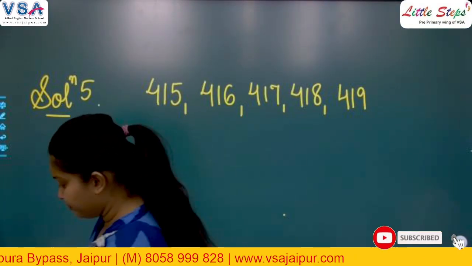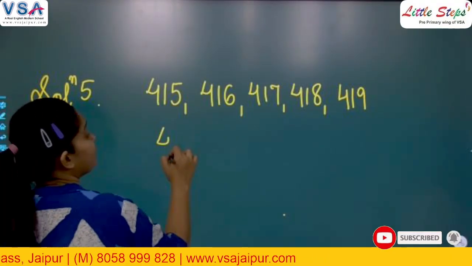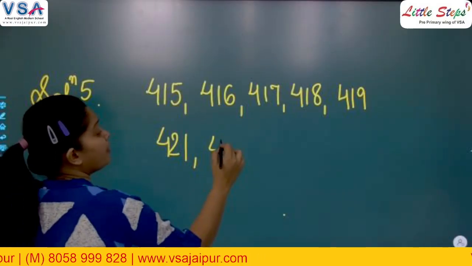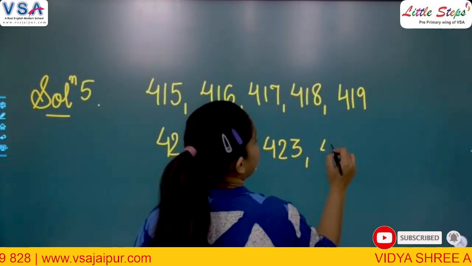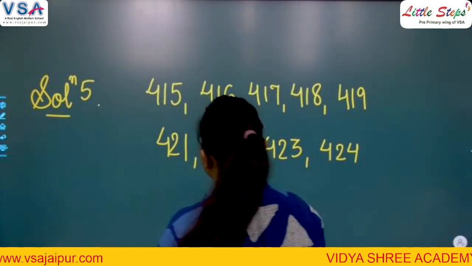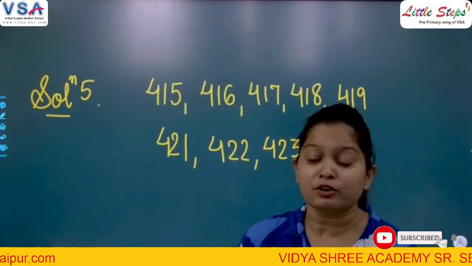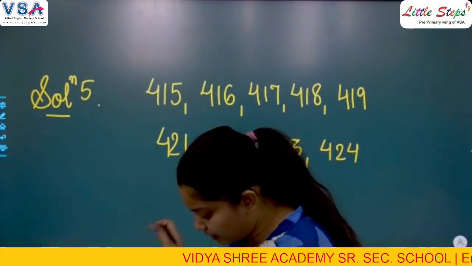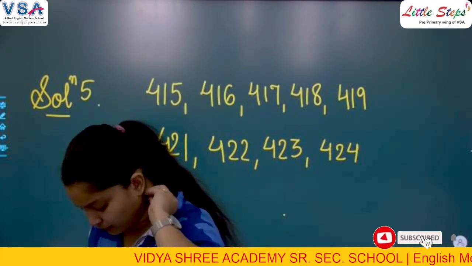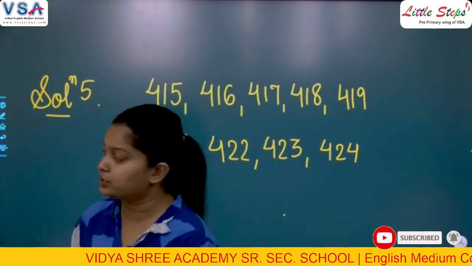Tell me. 421 will also be there. Yes, 422, 423, 420. That's all. When we write 425, 25 is the bigger number for that. Okay, these are the numbers for rounding off nearest to 420. Clear?